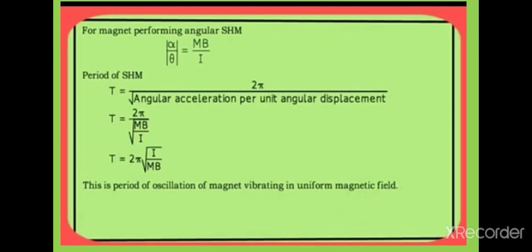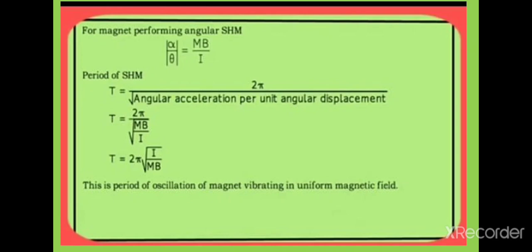For the magnet performing angular SHM, alpha divided by theta is equal to MB divided by I. The period of SHM is T is equal to 2 pi by square root of angular acceleration per unit angular displacement.